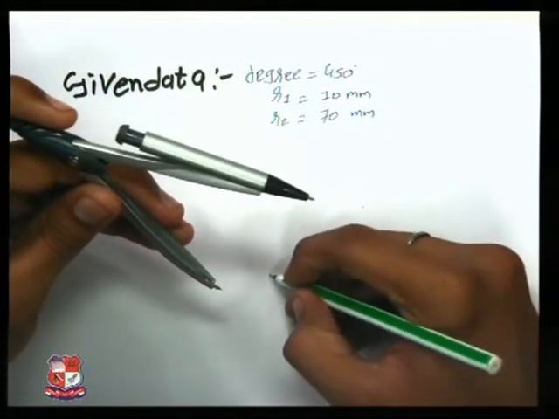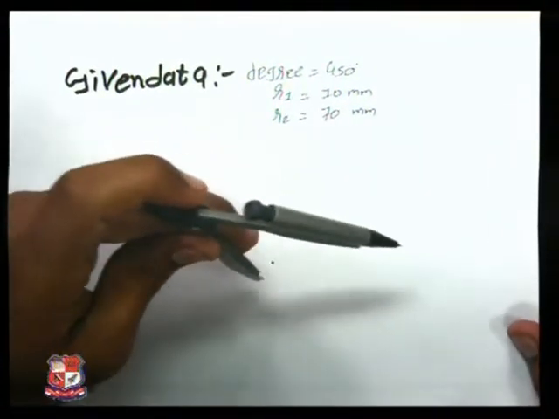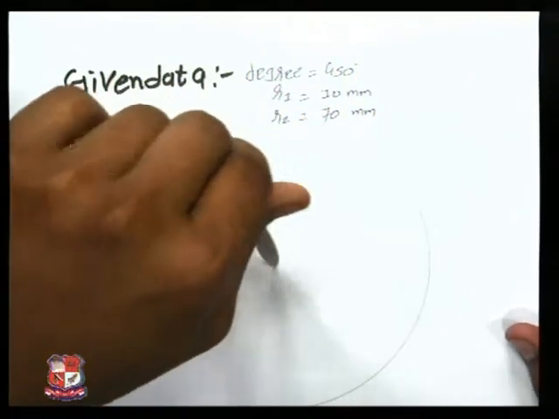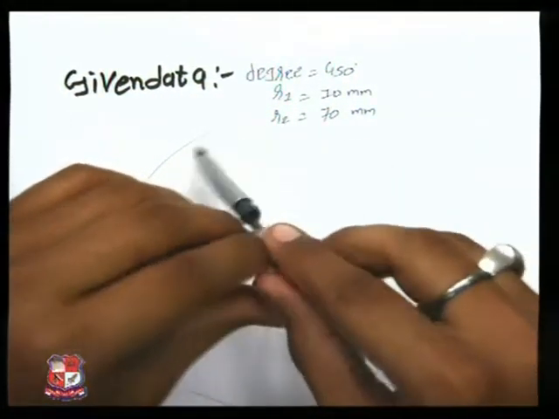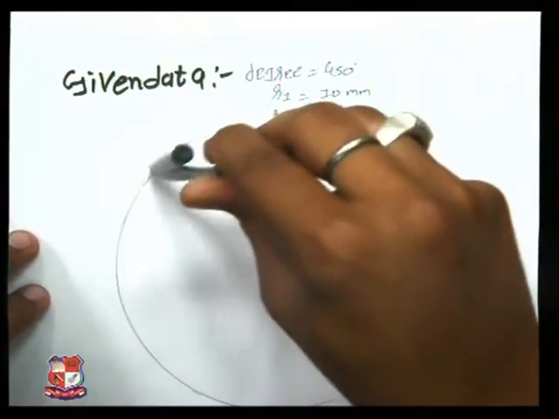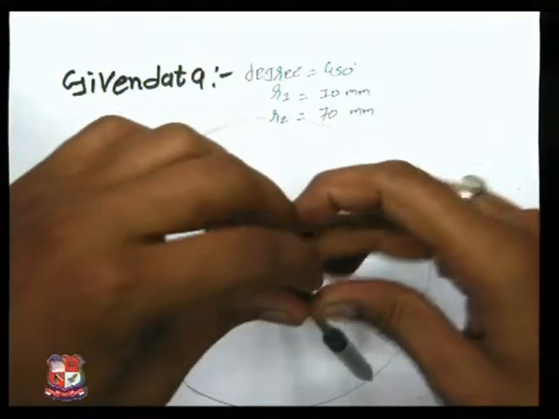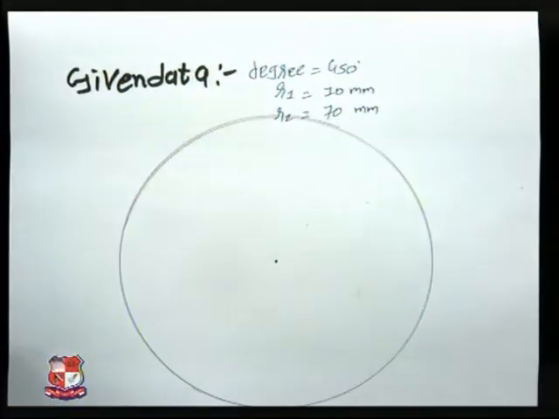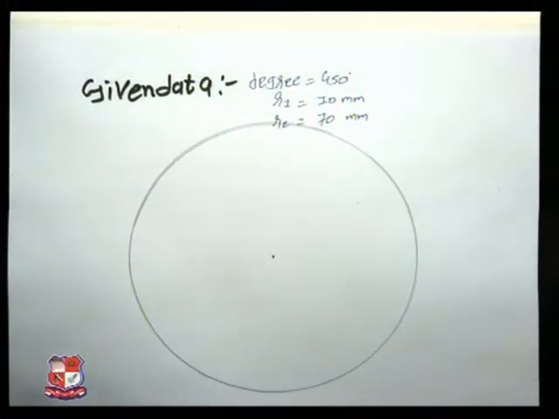Marking up a point on the answer sheet, I have drawn a circle of radius 70 mm.